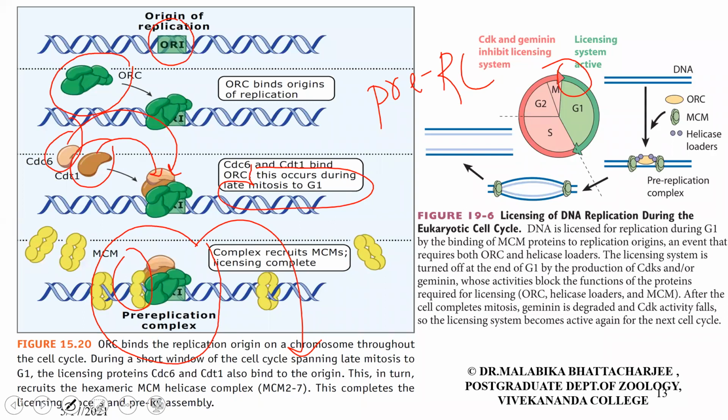They are part of the pre-replication complex. But the moment the cell crosses the restriction point, these three molecules are inactivated. And in short, a license is now given to DNA that you start replication.